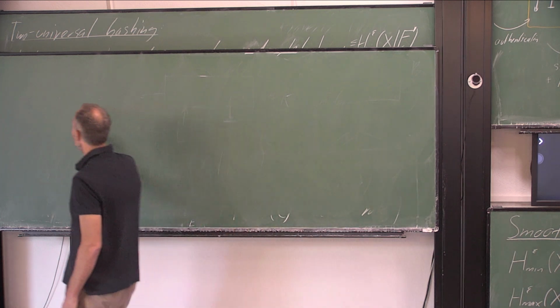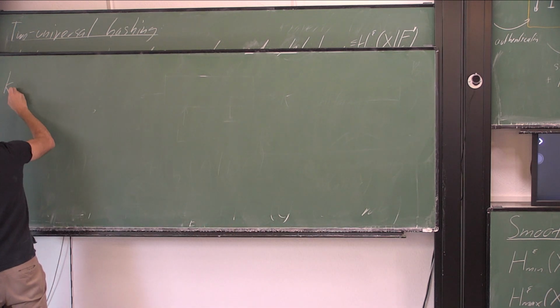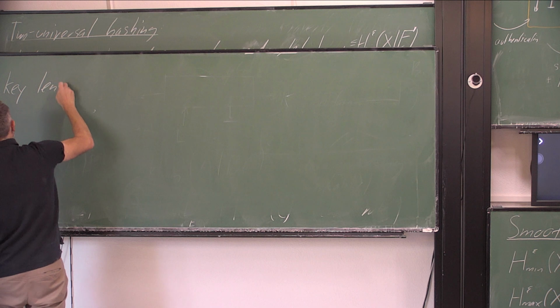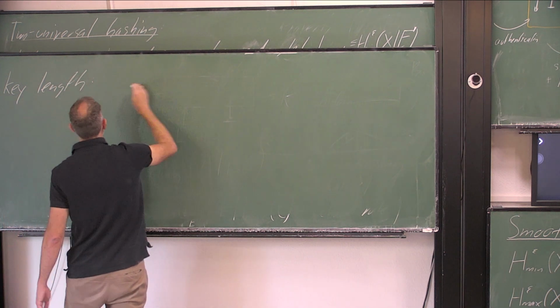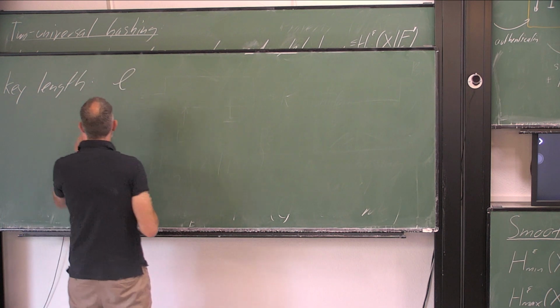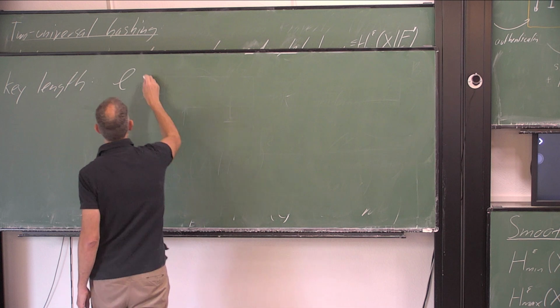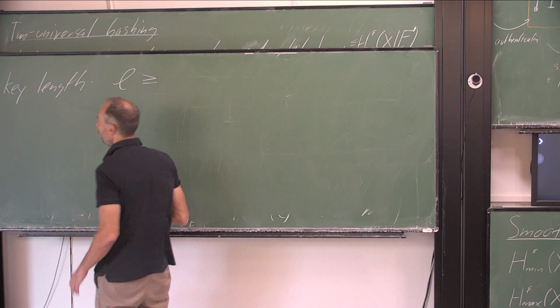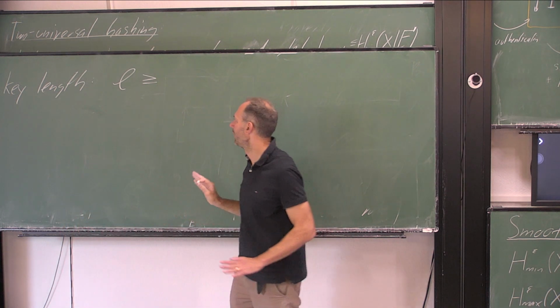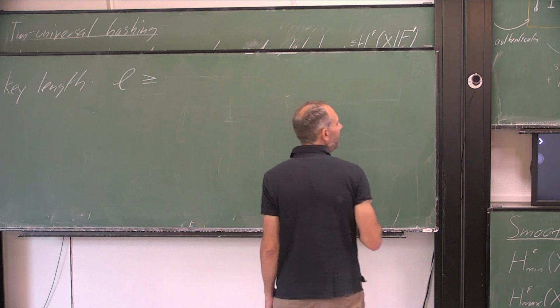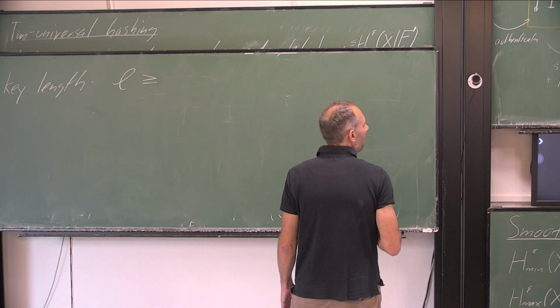So what we are interested in is the key length. How much key can we produce? That's what we are interested in. L. And ideally we want to have a lower bound. But if it's at the end even larger, we are happy. So we want to show that at least it's a certain length.